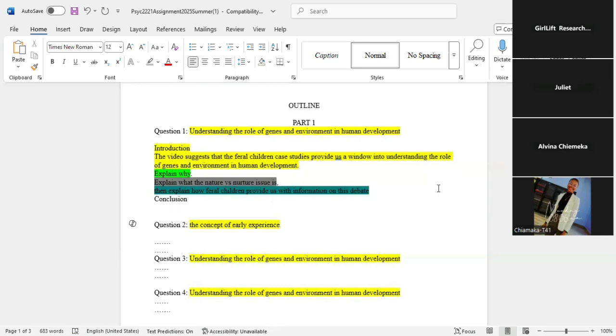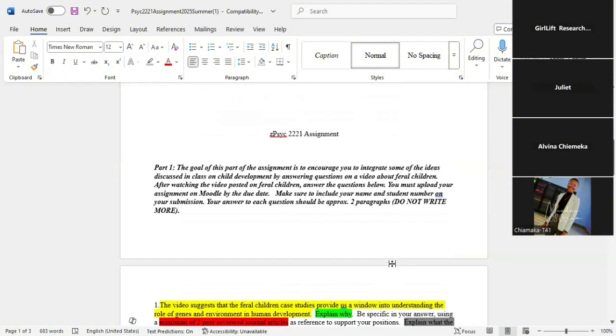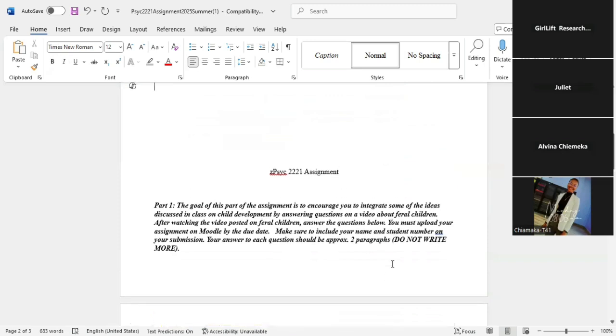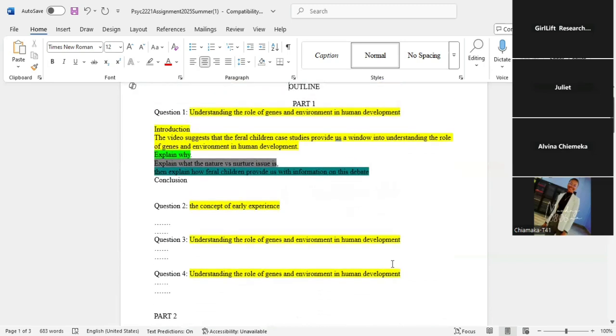And most of the time, your brief will tell you whether it's an essay or a report. This brief, if you look at it, is an essay because it just says write in paragraph. If it was a report, it would say write a report. So most times your brief will tell you what exactly you're writing on.